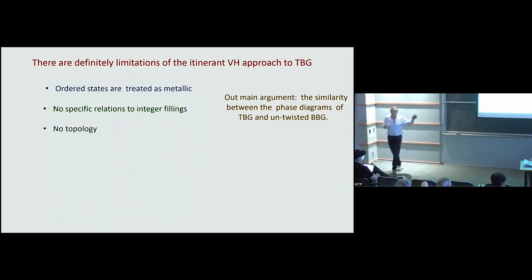We start with the metal. So all we can say is how the system develops order, and then order can bring the system into an insulating state. And our main argument, of course, is the similarity between experiments on cascade of phase transitions.